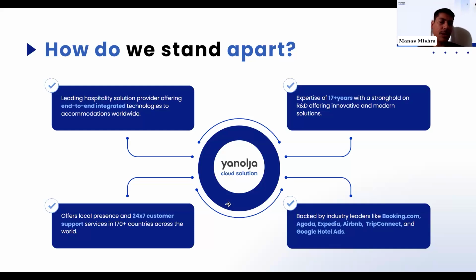So with all this, with the channel manager, the booking engine and the PMS integrated, one thing which really stands out in the industry is that we are backed by industry leaders like Booking.com, Expedia, Agoda, Airbnb, TripConnect. These are some of the partners which have given us preferred partner status. Getting preferred partner is also not something that we are getting for just one year.